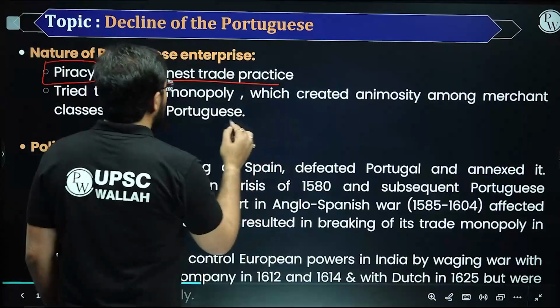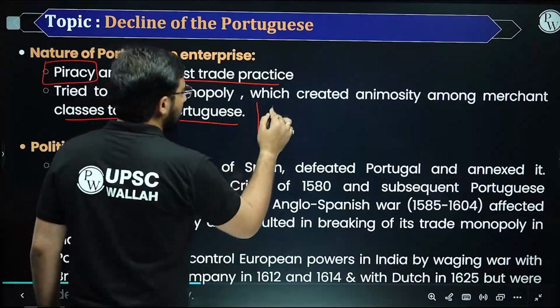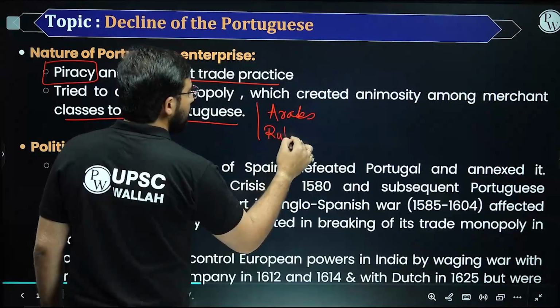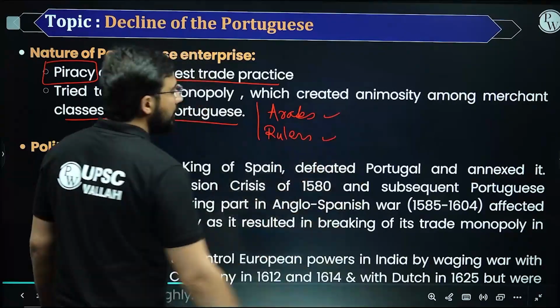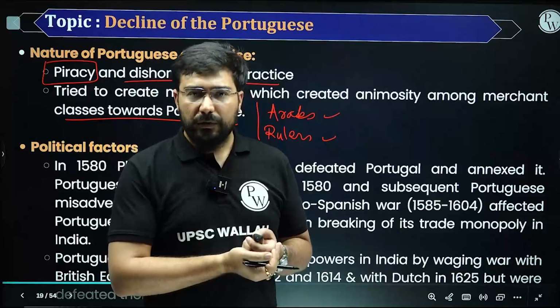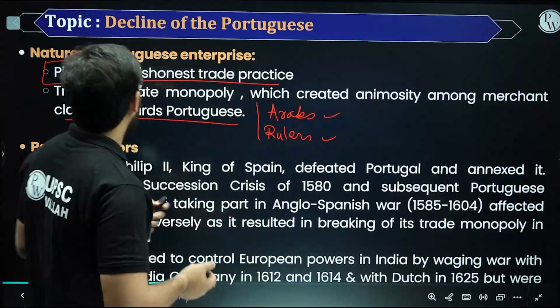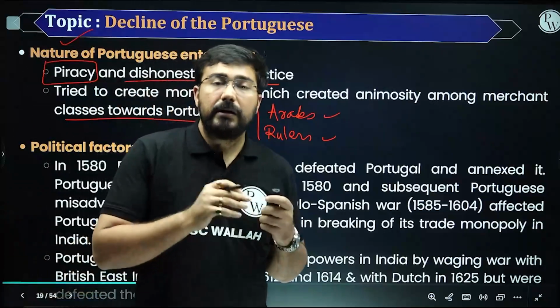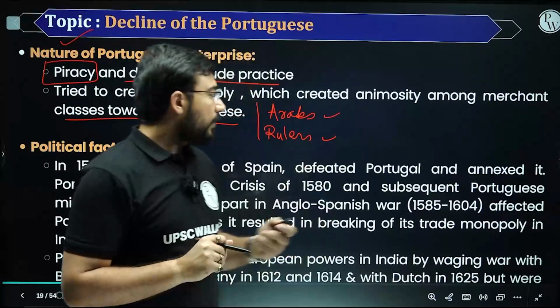Plus many of the merchants, like the Arabs, and even Indian rulers also kept on fighting against the Portuguese, like Bahadur Shah in the region of Gujarat. Many of them kept on fighting, right? So that's why they could not have that control. The Portuguese enterprise could not have 100% control over this region.